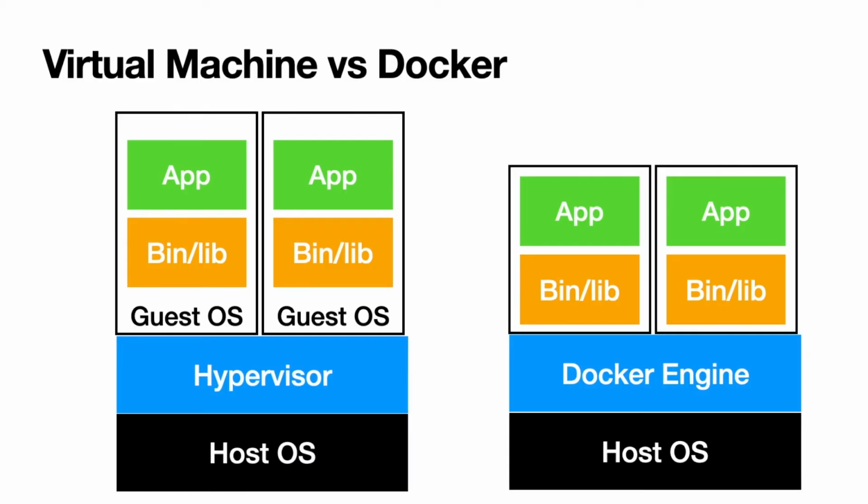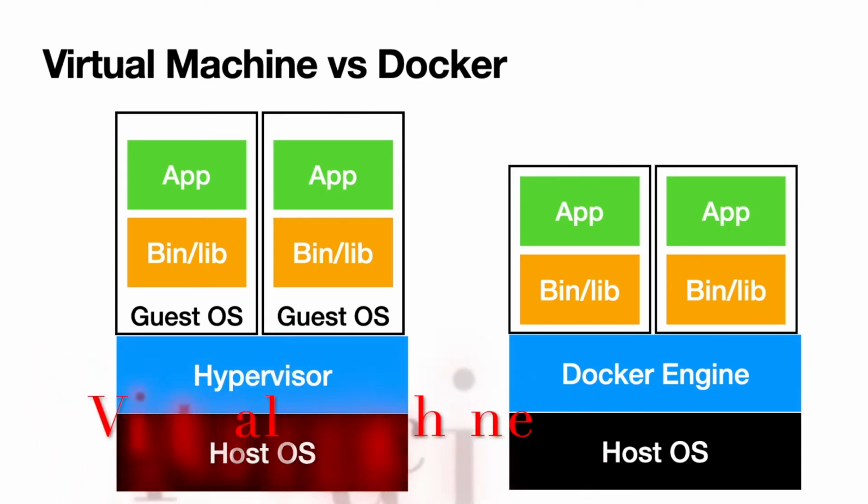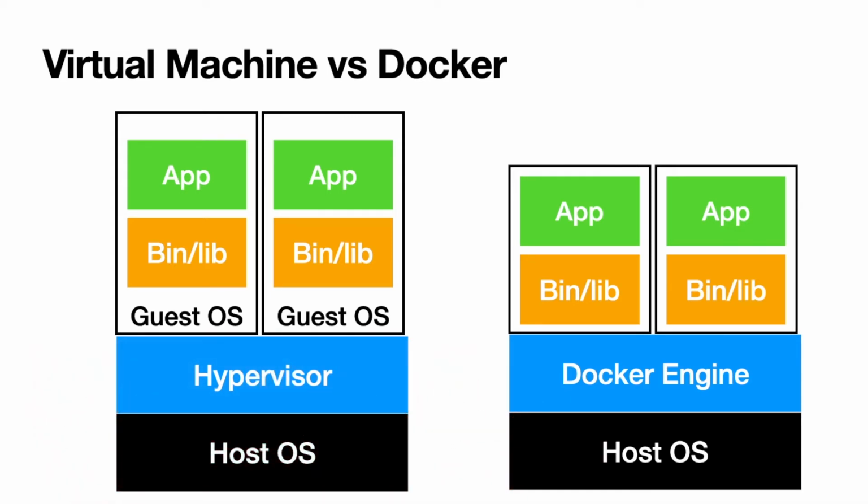Let's understand how a virtual machine is different from Docker. On the left side, you see a virtual machine setup, and on the right side, you see a Docker setup. In both setups, we need to have a host operating system, and in the virtual machine, we need to have a hypervisor, and the hypervisor will support the respective virtual machines, which will have their own operating system, and again the libraries and the bin files required to support the execution of the application and the application itself.